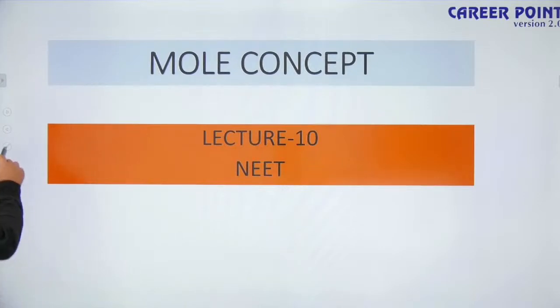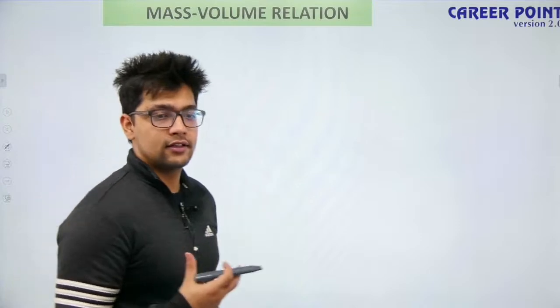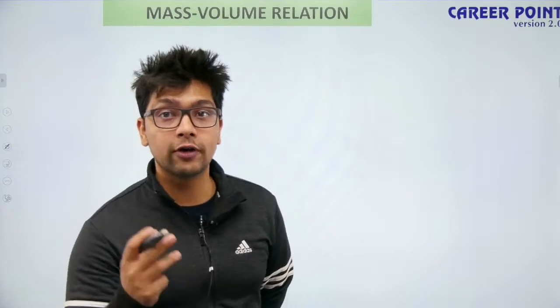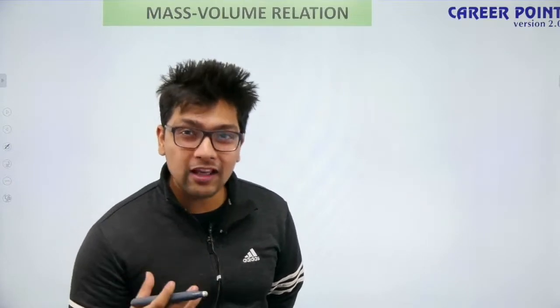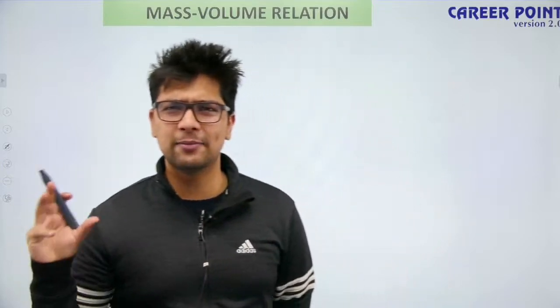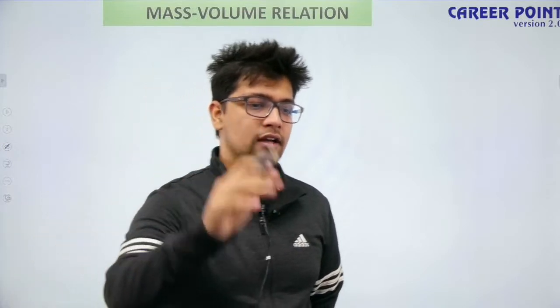As you guys know the drill, what is first of all the very important part, that is in the last lecture, if you remember, we were talking about mass relationships. So is the last concept clear? The mass relationships, they are clear? Hi Naveen.